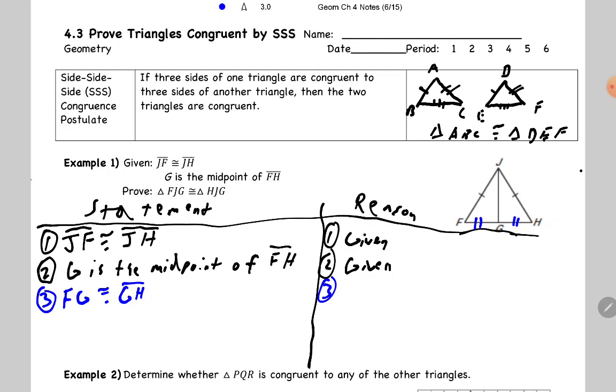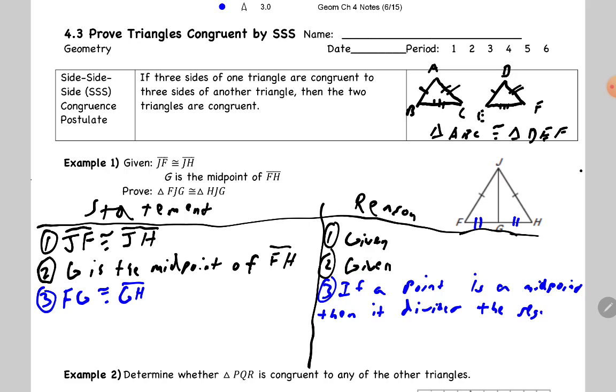So if a point is a midpoint, then it divides the segment into two congruent segments.